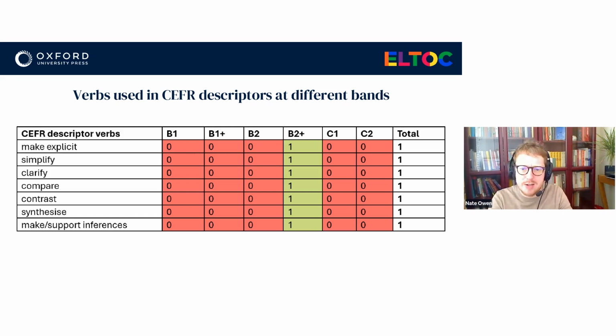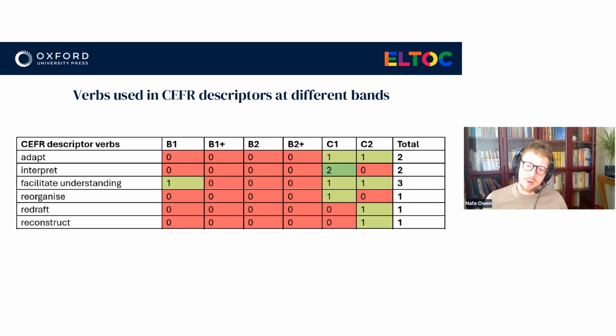We noticed that actually B2 plus had been specified in a very idiosyncratic way, which divided it off and separated it from other CFR levels. So can-do statements such as simplify, clarify, comparing, contrast, synthesizing, and making inferences only appear at B2 plus and nowhere else at all. And again, very, very strange.